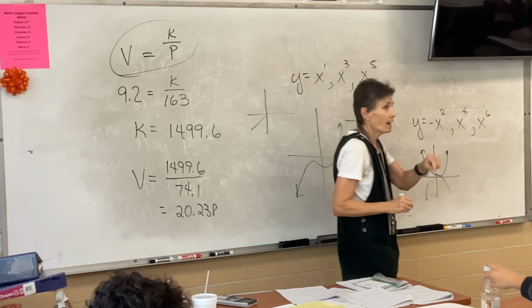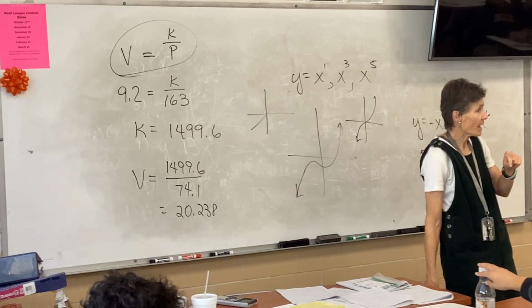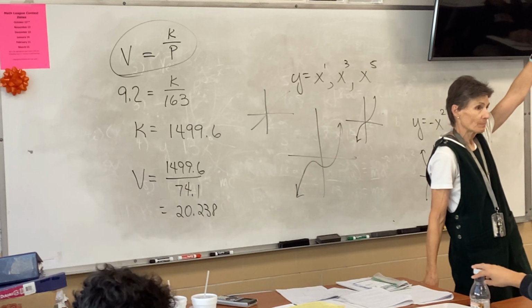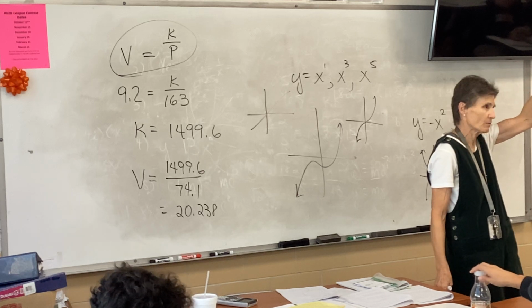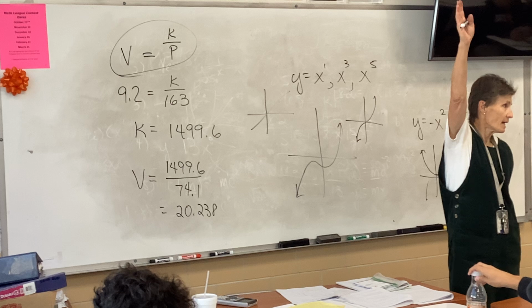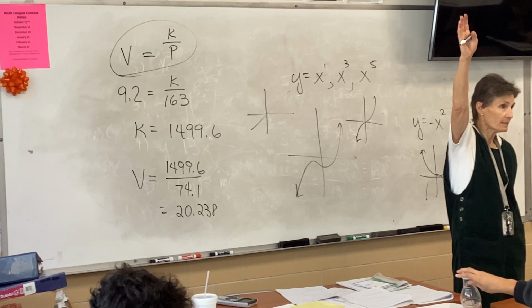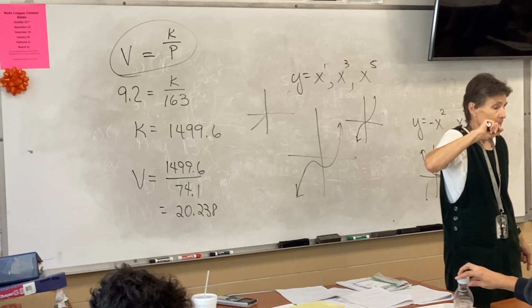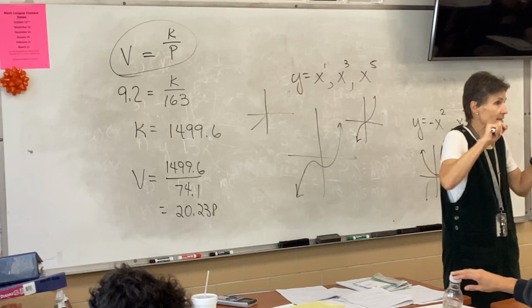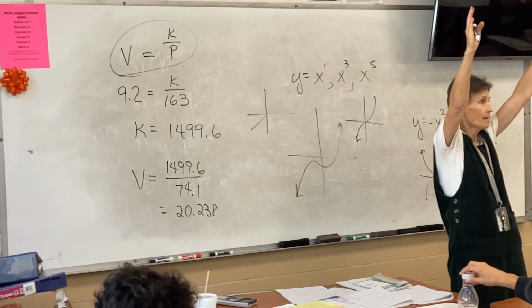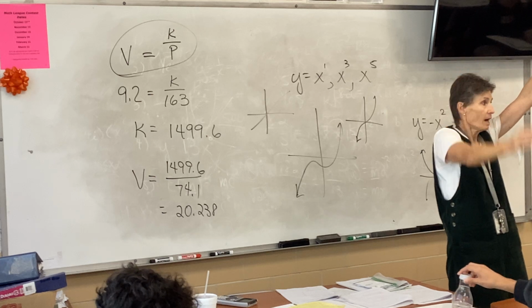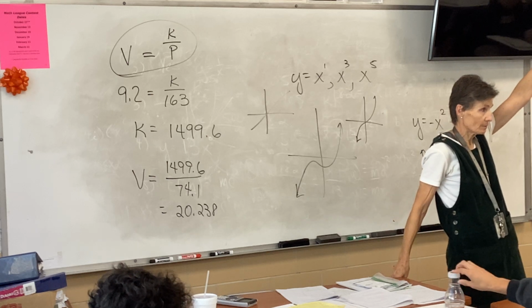Odd behavior starts down, ends up. That's how odds act. Unless you put a negative in front of them, and then they start up and end down. Okay? You guys, that's fundamental. Even end behavior, odd end behavior. Okay?